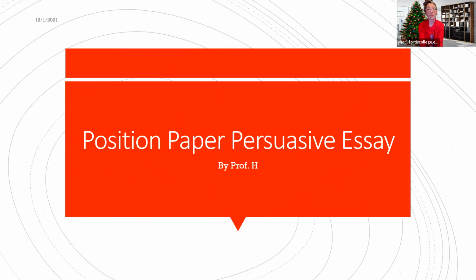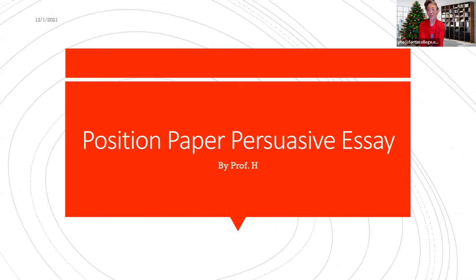So now I'm going to go into the last portion of my persuasive essay presentation, where I'm going to talk about the 3 kinds of persuasive essays. There are 3 kinds of persuasive essays. The position paper, which is the most common that I see in the claims of policy. In other words, you take a side. What is your position?